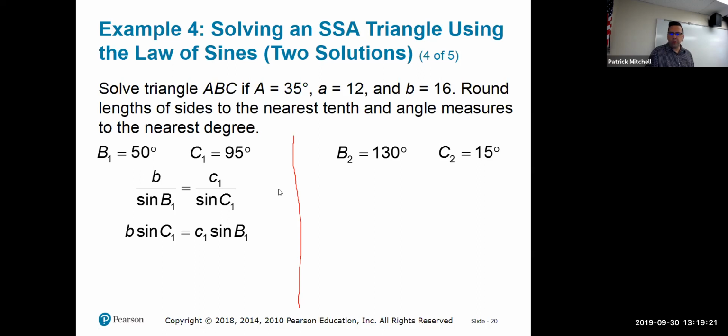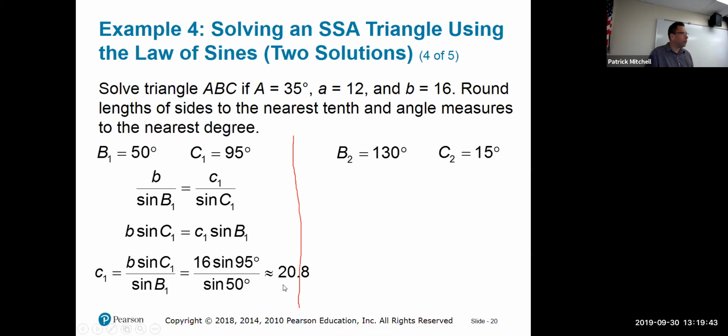And now the unknown thing is side C1. So if we divide both sides by sine B1, we get this. B sine C divided by sine B will be 16 sine 95 degrees divided by sine 50 degrees, which is about 20.8. So in a world where angle B is 50 degrees, side C will be 20.8.